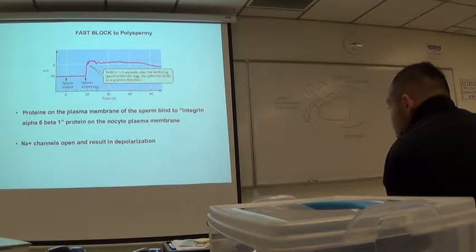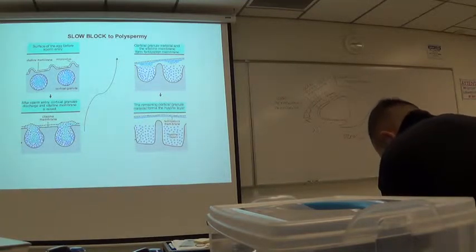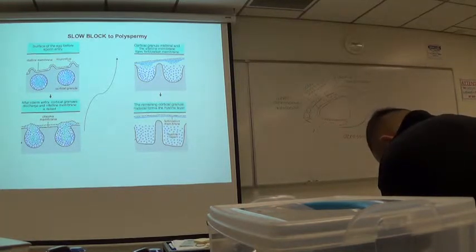This results in a change in calcium flow. So this spike in the current is the fast block. That happens immediately. As a result of that depolarization, we begin the slow block.